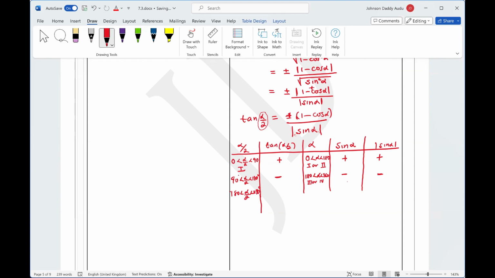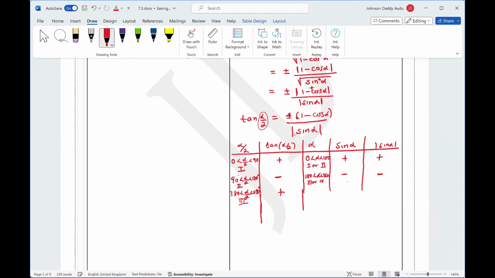This is quadrant 2, and this will be quadrant 3, right? So tan alpha over 2 is going to be positive, because you're in the third quadrant. This is second quadrant.